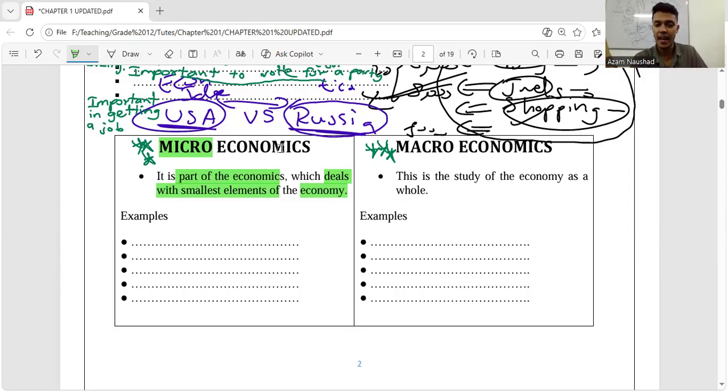So it's macro. But if you guys analyze the behavior of one person, let's say you are analyzing how Azam sir dresses. Is he wearing branded clothing? See, this is a local brand. Local means like this Sri Lanka's brand. So you might have an analysis. Okay, what watch he is wearing, right?